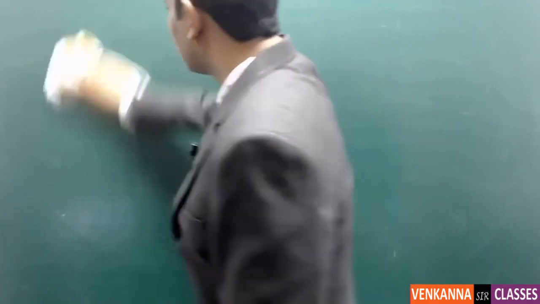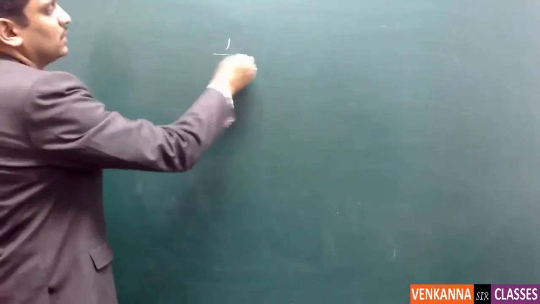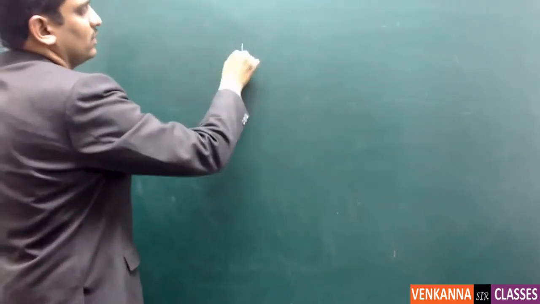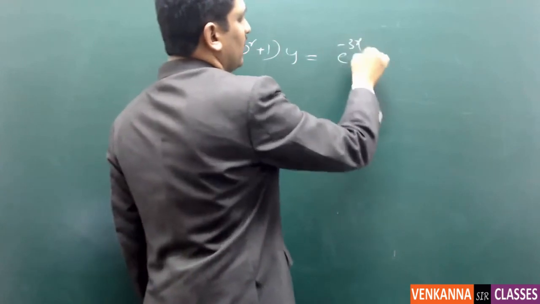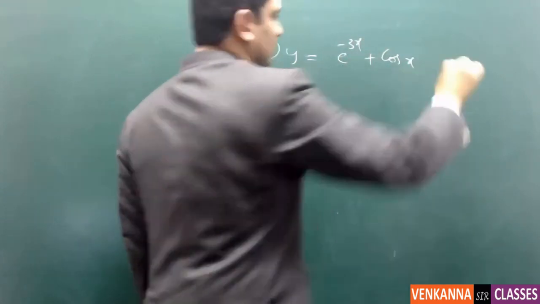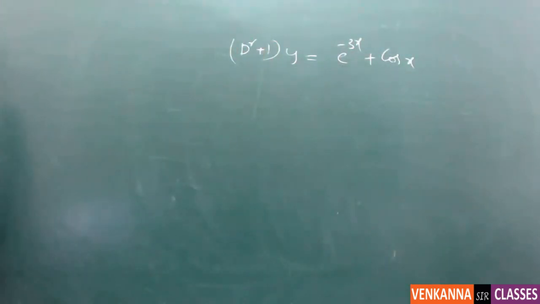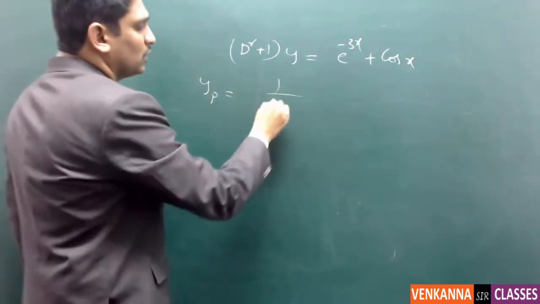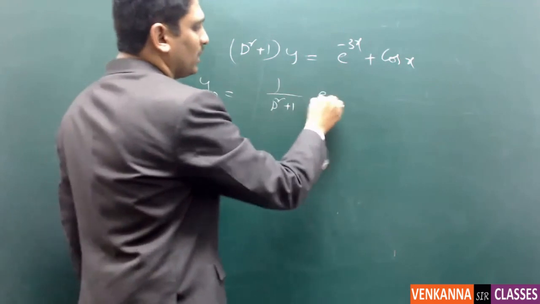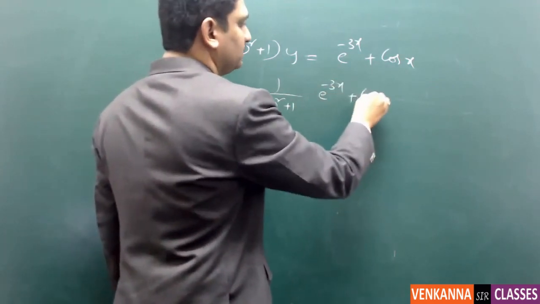So please understand one thing: if I have given a problem (d square plus 1) y is equal to e power minus 3x plus cos x, now what happens while calculating yp? You are going to apply the two functions here.